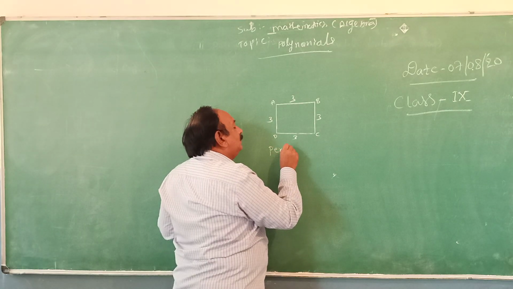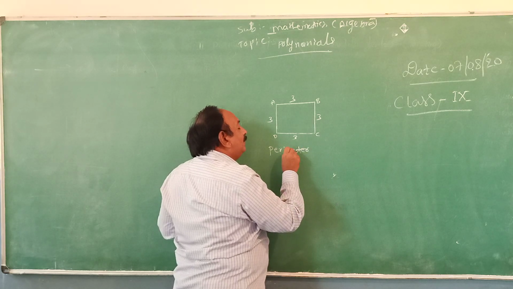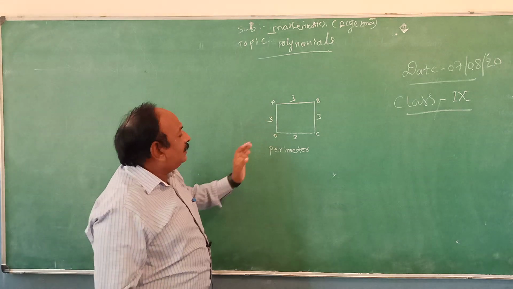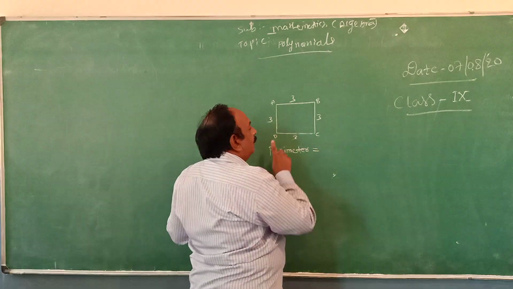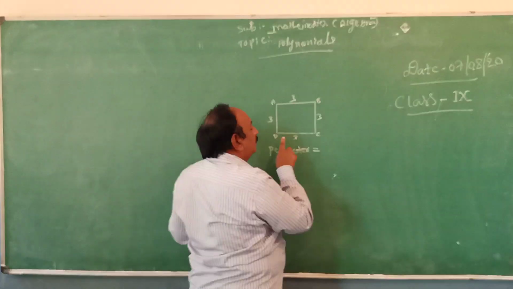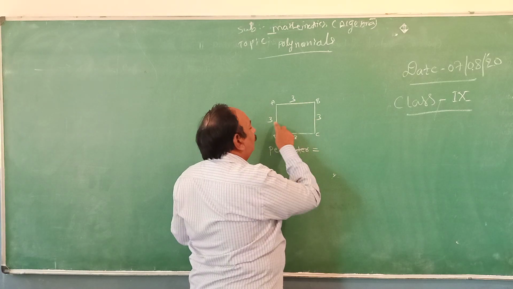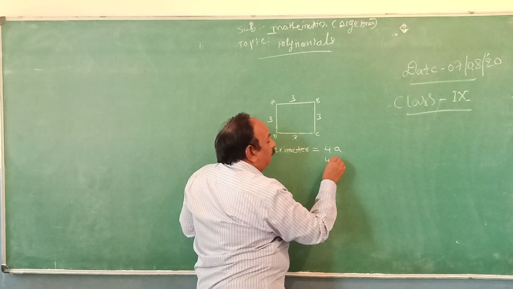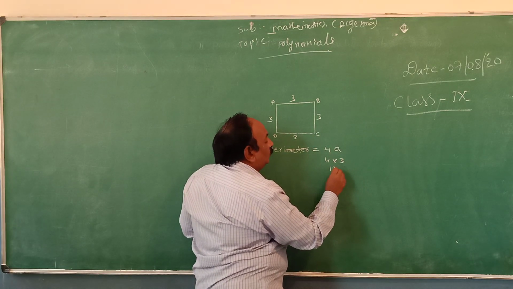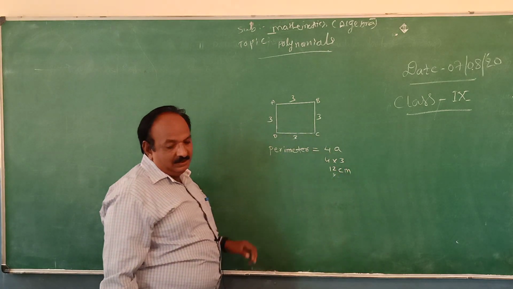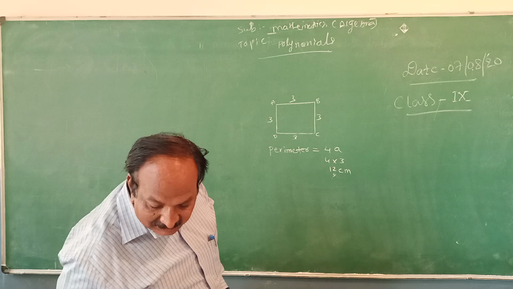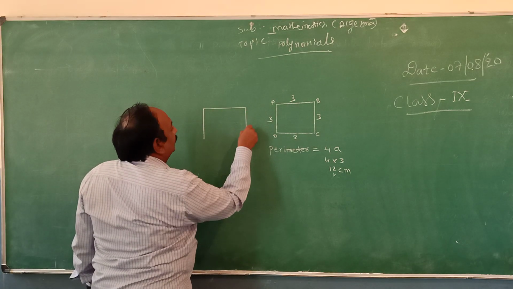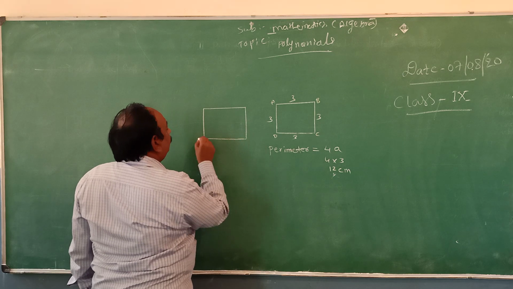Can you tell me what is the perimeter of this square? It has how many sides? 4 sides. 1, 2, 3, 4. We write it as 4a, where a means one side. 4 into 3 is equal to 12 centimeters.